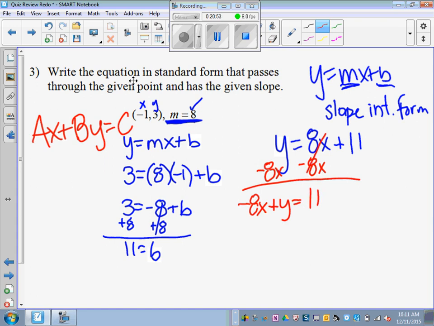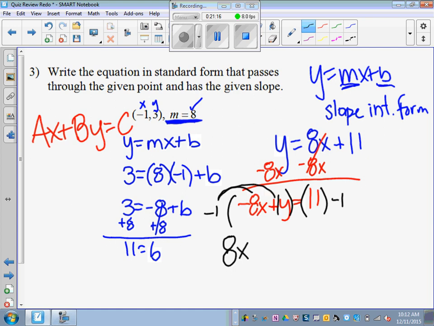We can't have that negative in front. Who remembers how we get rid of a negative? Yeah, multiply or divide by negative 1, on both sides. So distribute. Negative 1 times negative 8 becomes positive 8x, which is why we did that, so we could get rid of that negative.